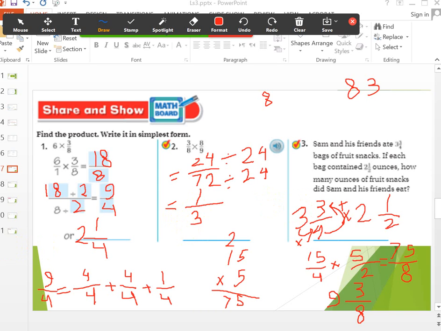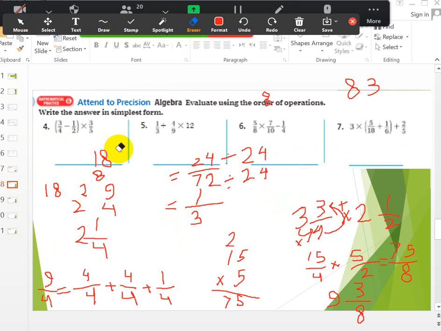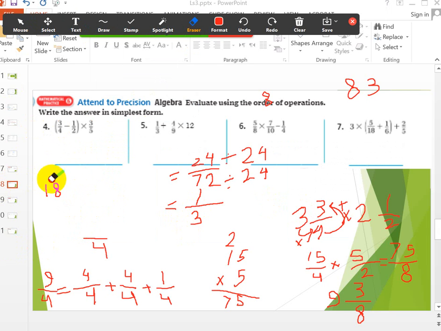Let's move to exercise number 4. In exercise number 4, I want to evaluate the answer by using what? By using the order of operations.